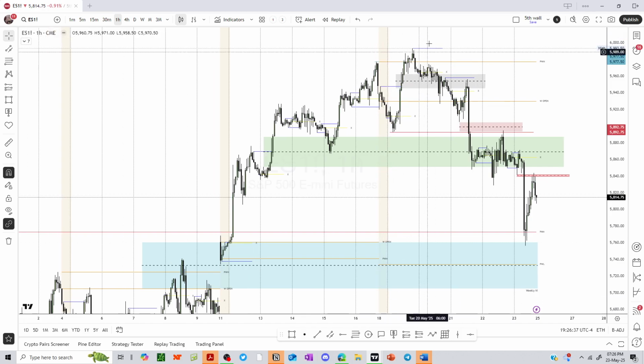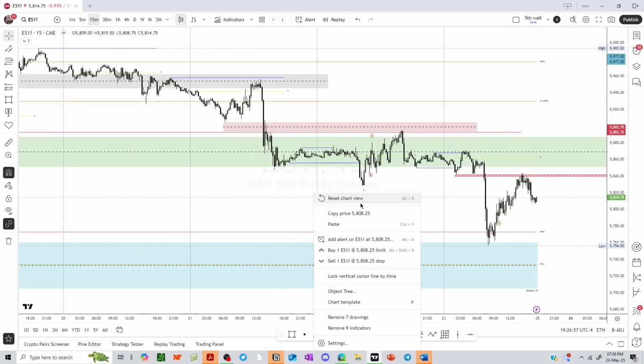Go here, 1-hour chart if you fancied, if you wanted to look for setups here. This is a retracement, optimal trade entry long here in the 1 hour. Out of that, almost completed the market maker sell model here.